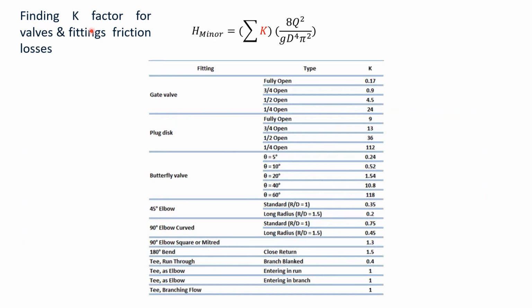We can find the K factor for valves, fittings, and bends present in the piping system by referring to this table. So we can add all the applicable K factors and multiply by the velocity head. This is how we will get the minor head losses.